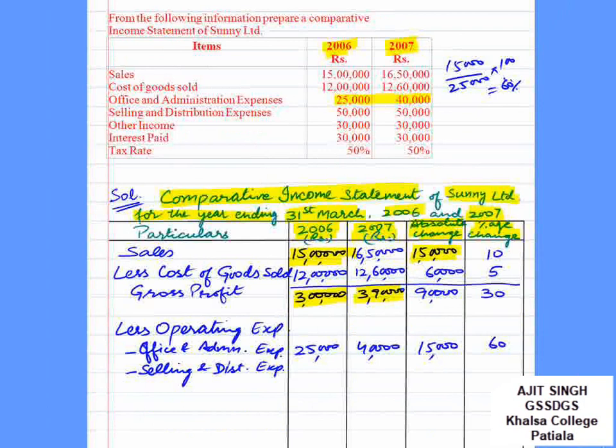60% increase is there. So far as selling and distribution expenses are concerned, there is no change at all. They are 50,000 for the year 2006 and 7. There is no change in selling and distribution expenses.